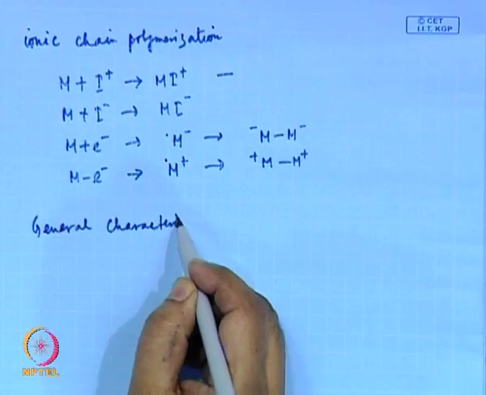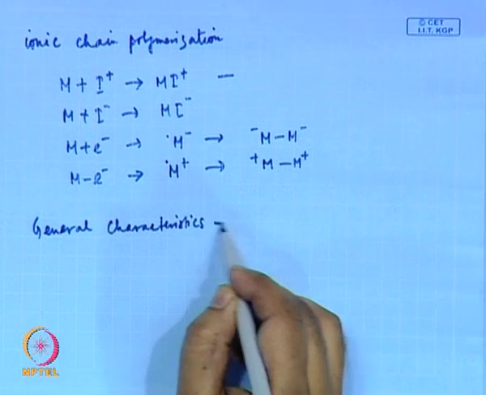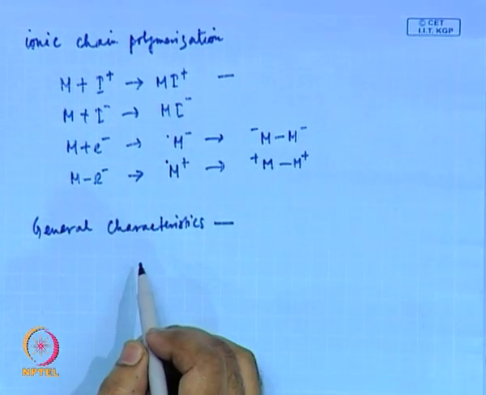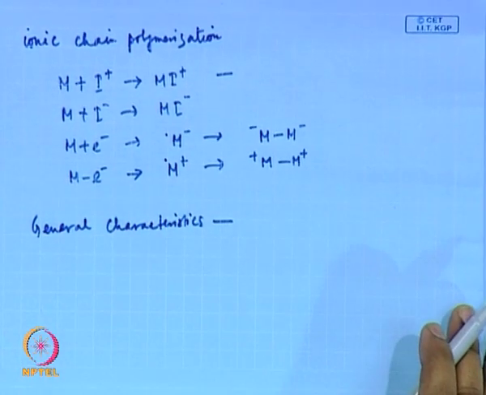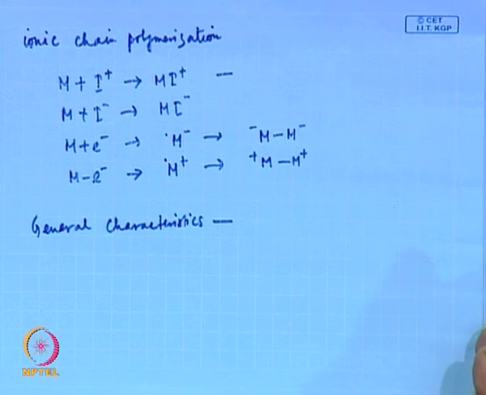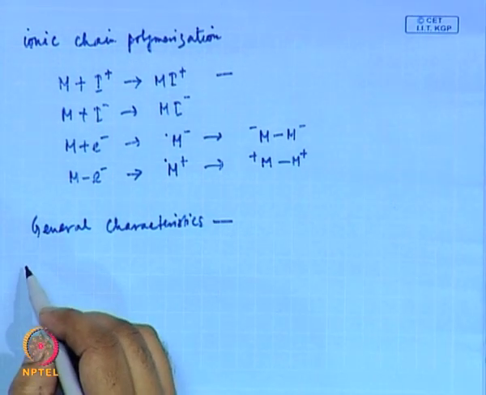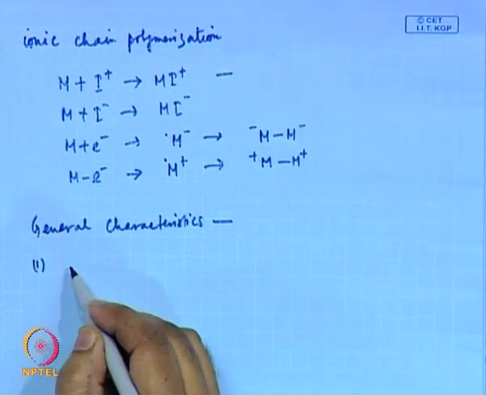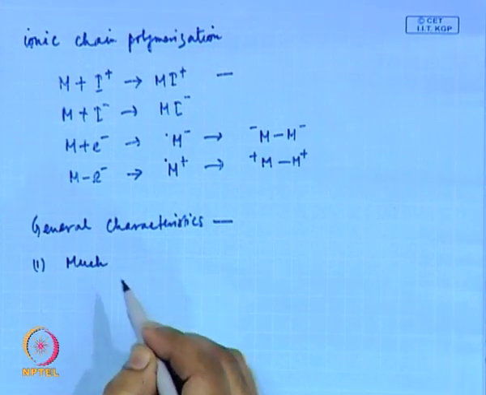While talking about these general characteristics of ionic polymerization, we will compare its differences or its likeness with radical chain polymerization. First is that, as I just said, it is much more selective.